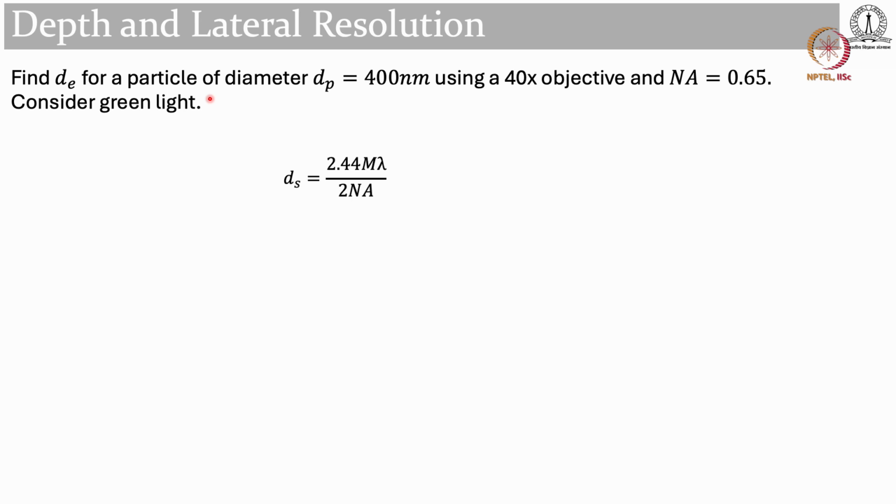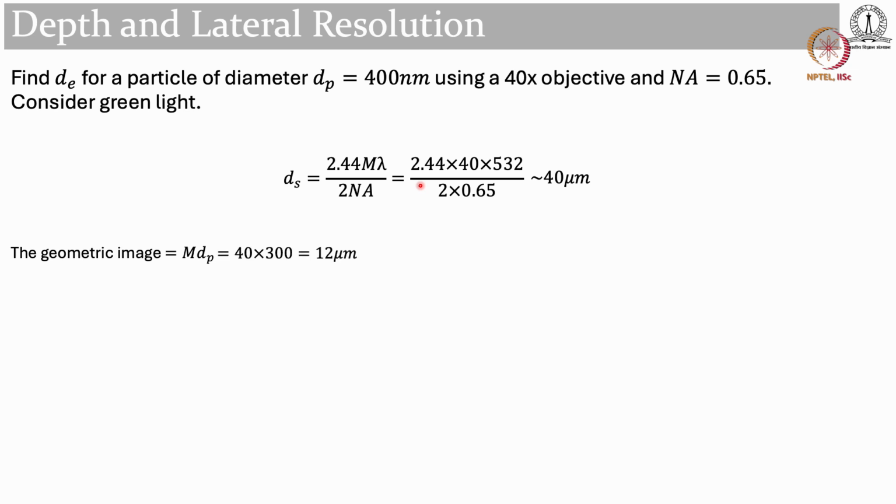Let us find the ds value first, which is 2.44 M λ / (2 NA), and if we put in the values, we should get something like 40 microns. Basically this is the point spread function which we talked about previously. Now let us see the value of the geometric image, which is given by the magnification factor M times the particle diameter dp, and if you solve this, you get a value of 12 microns.